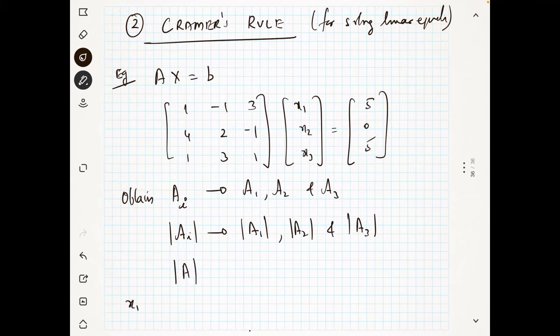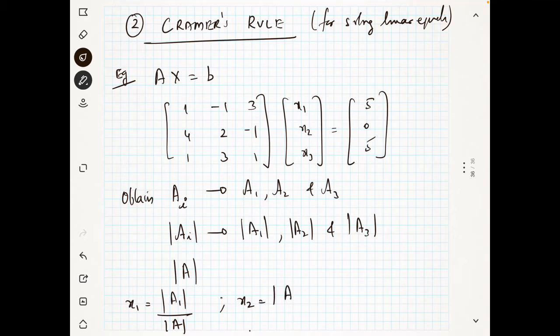After that, we will find x1 by determinant of A1 divided by the determinant of A. So that's how we are going to solve this. So this is nothing but our x1. And how to find x2?